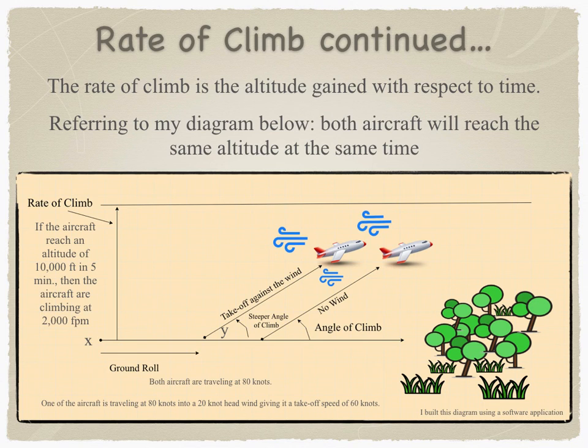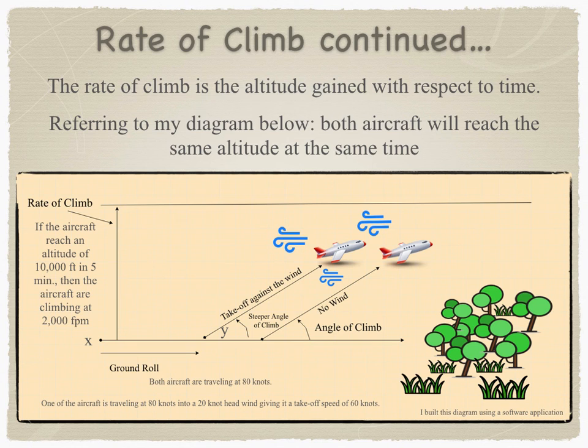So here I have the rate of climb. You can see I have the X and the Y axis. And here, this is just a figure I've put in to help you understand. If these aircraft reach an altitude of 10,000 feet in 5 minutes, then the aircraft are climbing at 2,000 feet per minute. Because what do we know?